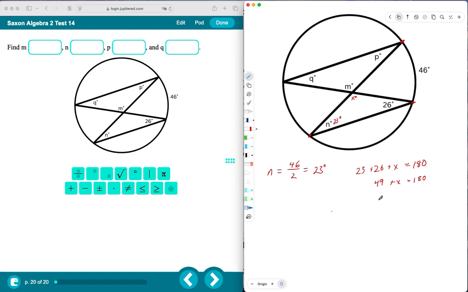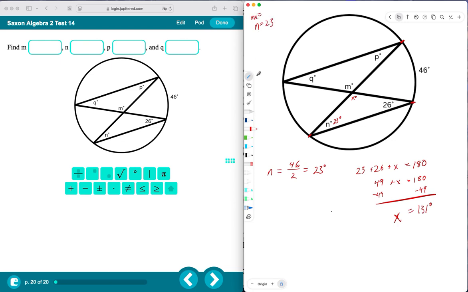So if I subtract 49 from both sides, X is going to be equal to 131. All right, so this is 131. All right, so we know that N is equal to 23.